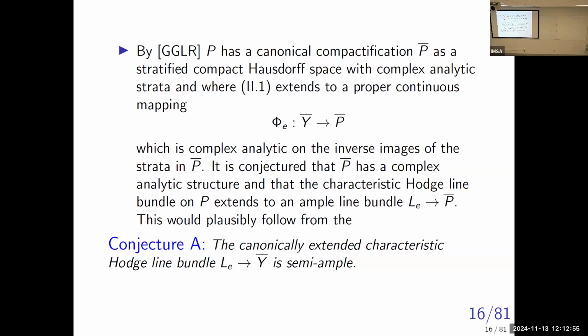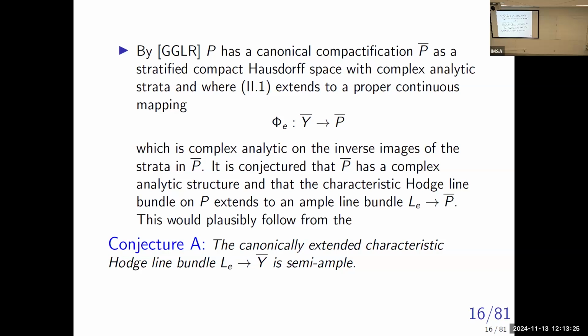It's a standard problem when you have something that's big to show that the thing is semi-ample. That is, that the base locus, given by zeros of powers of a bundle, is eventually empty. Or if you like, for a high enough power, the global sections generate every fiber.